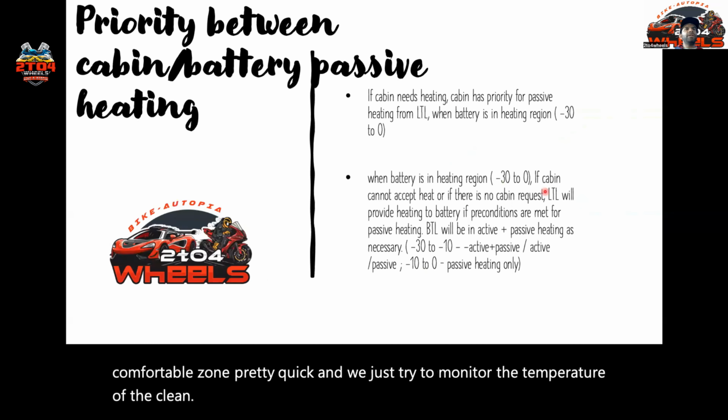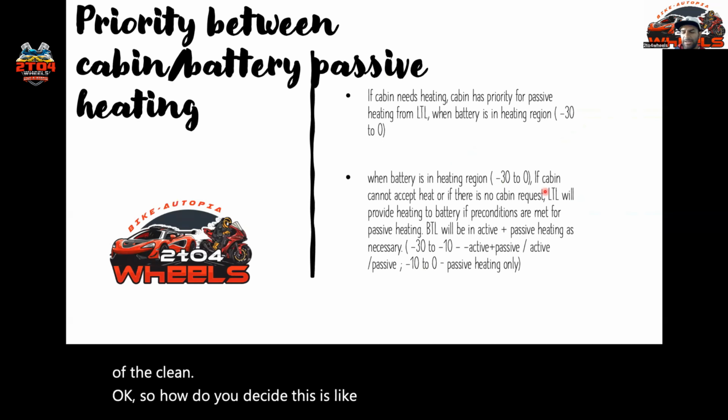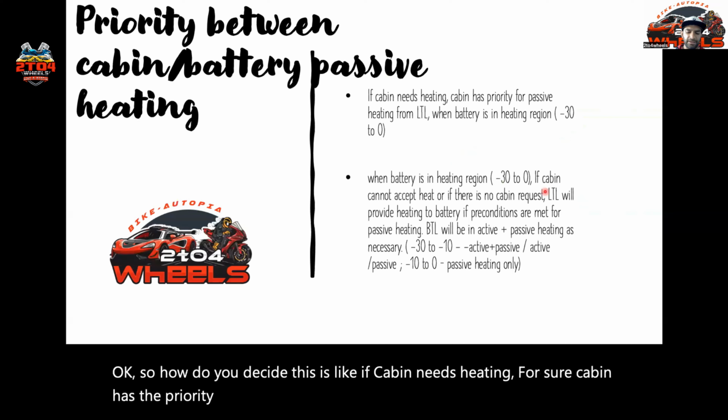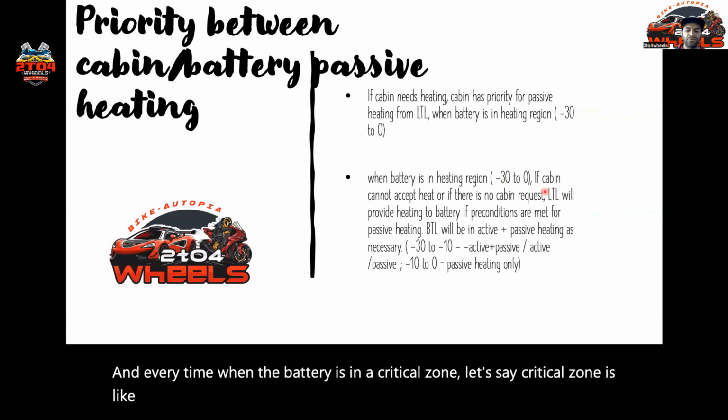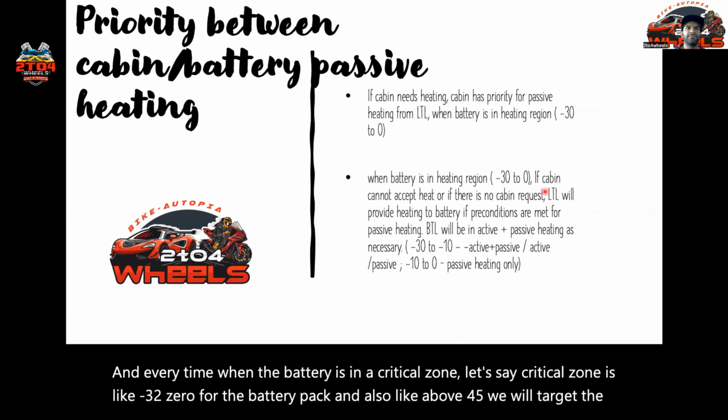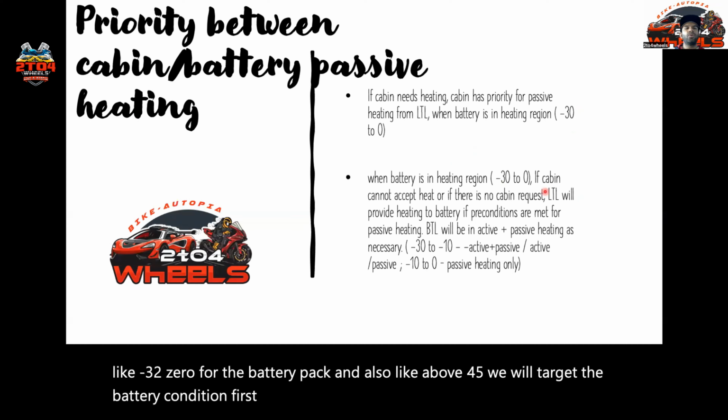Okay, so how we decide this is, if the cabin needs heating, for sure the cabin has the priority because we first target the customers. But every time the battery is in a critical zone, let's say the critical zone is negative 30 to 0 for the battery pack, and also above 45, we will target the battery conditioning first. So those are the two disclaimers here.